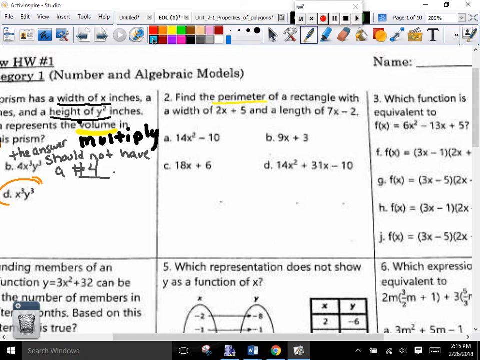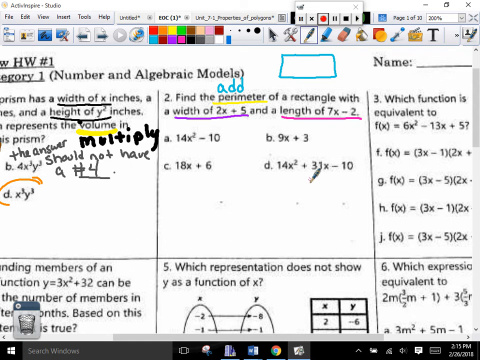So when I see the word perimeter, that means that I am going to add. I have a rectangle, so I am going to draw my rectangle. That way I do not miss anything. Then it's telling me that I have a width of 2x plus 5 and a length of 7x minus 2.